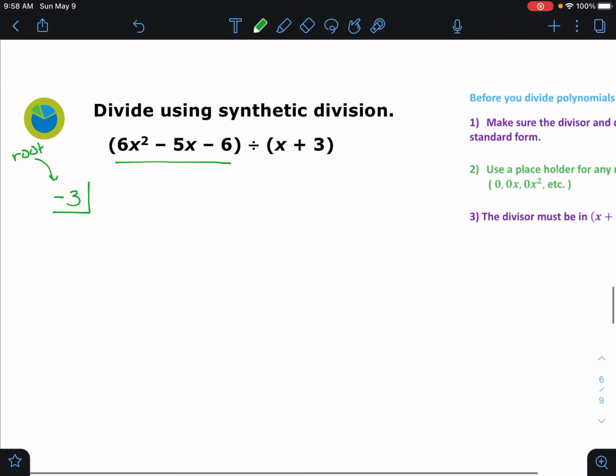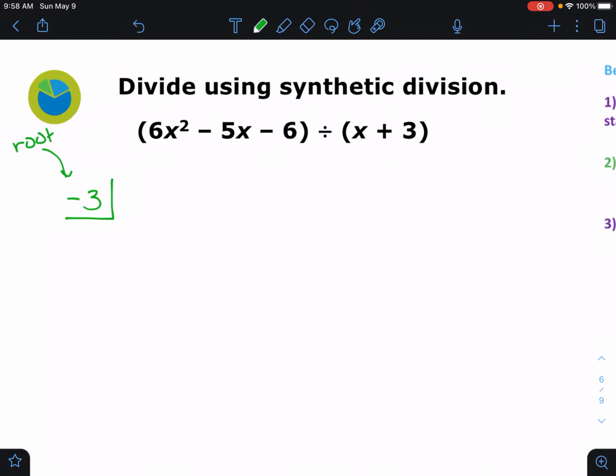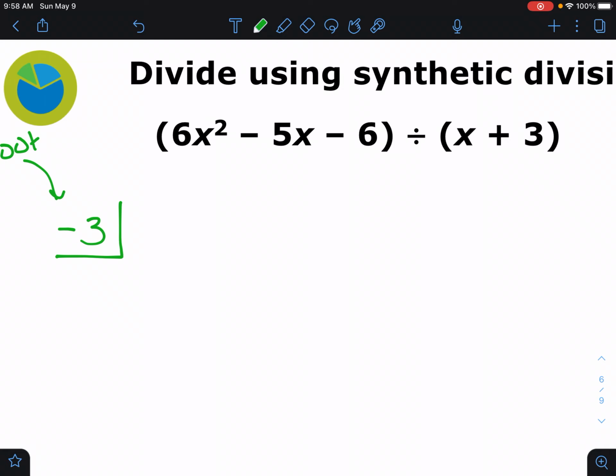Okay. And then you are going to look here, make sure your dividend is in standard form. In this case, it is. Also, you want to look for any missing terms, and you'll use a 0 to hold that place. Now, there are no missing terms at this one, so what we're going to do is just write the coefficients of each term in order. So remember, coefficients are these ones in front. So I'm going to say 6, negative 5.